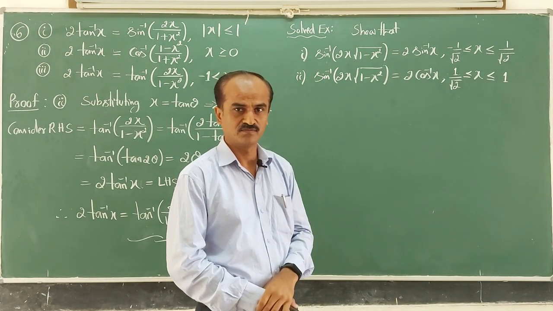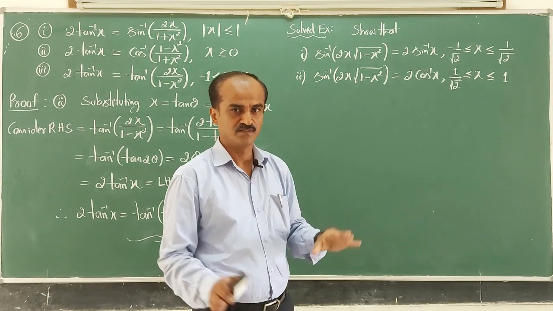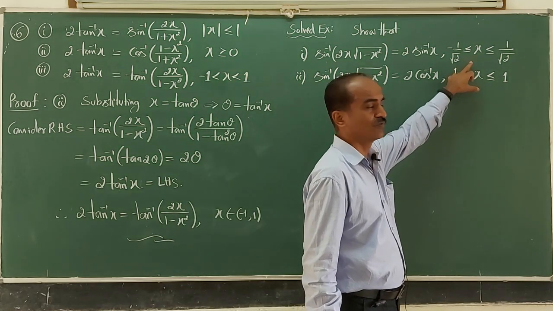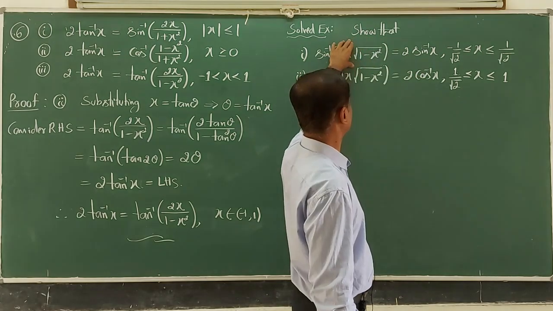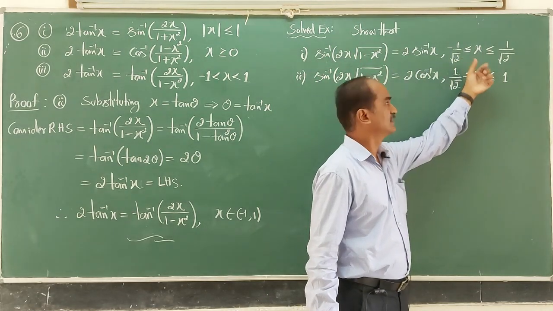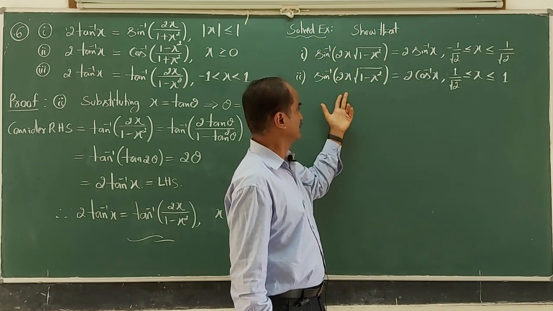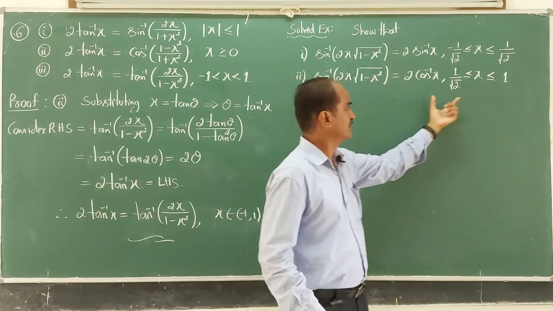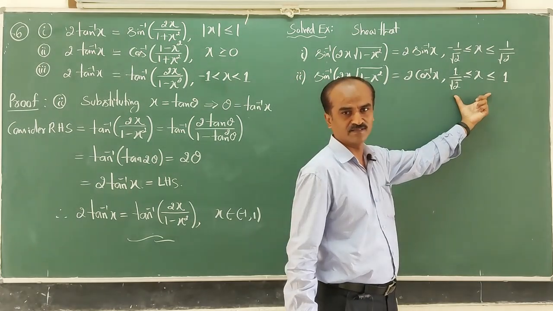Is it so? Definitely not. Why? Because of this restriction over x. This result is valid only for these values of x, and the value of this sine inverse will become 2 times cos inverse whenever x lies in this interval.